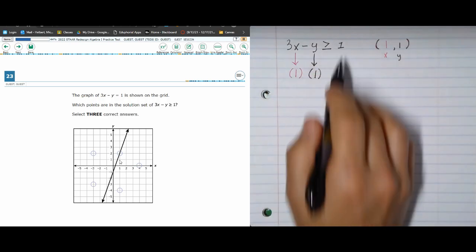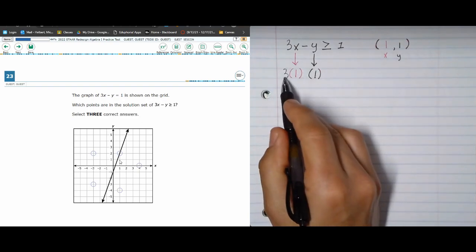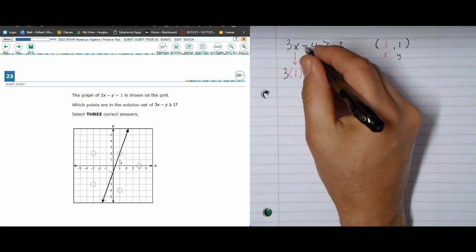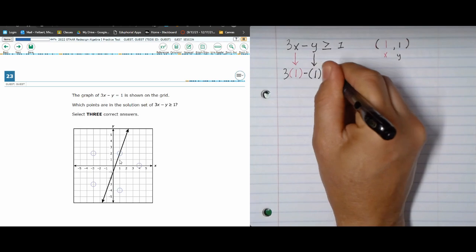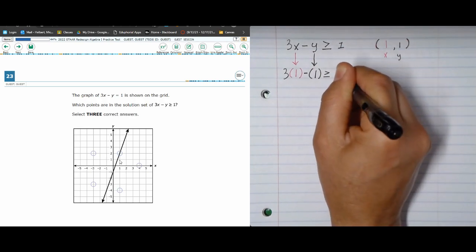And everything else I'm just going to bring down. In other words, we're bringing down the 3. So that's 3 times my x value, which is 1, because that's the test point I'm using. Bring down my minus sign and my inequality symbol. And bring down this value of 1.